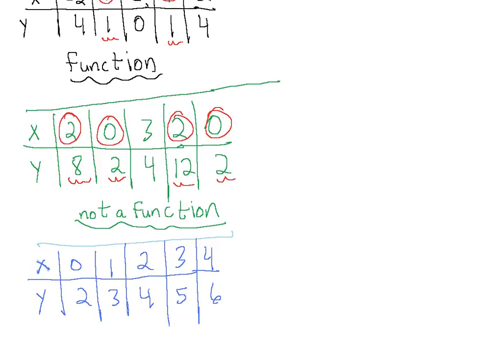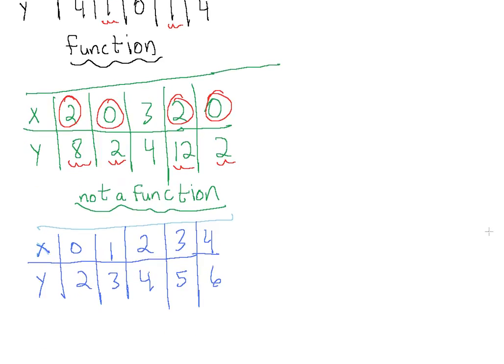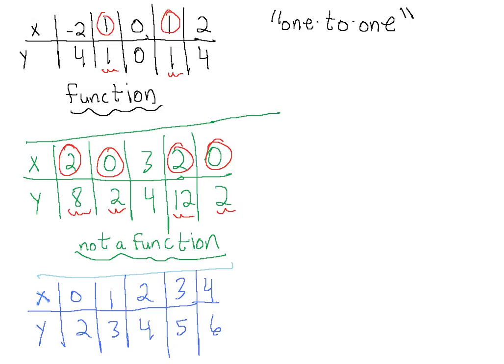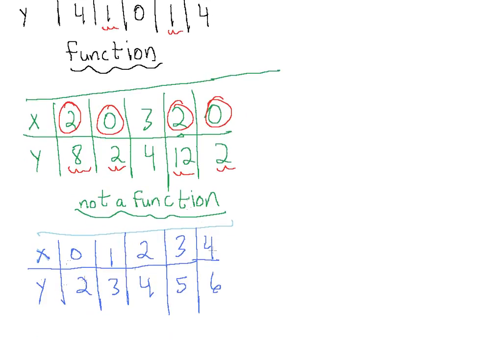And we want to know if this particular relation is a function. Well, what we're going to want to look for is if we have any x values that are repeated. And here we actually don't have any x values repeated, so we don't have to do anything else. We have a one-to-one relation. For each x value, we have a unique y value. So that means we have a function. All right, let's look at one more.